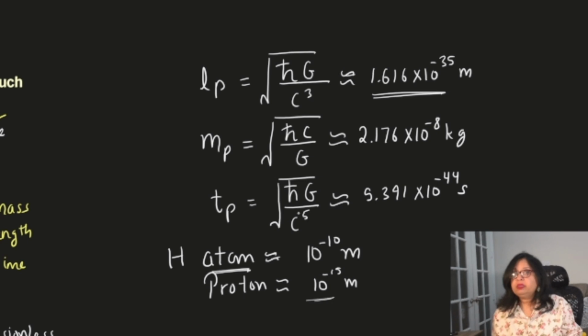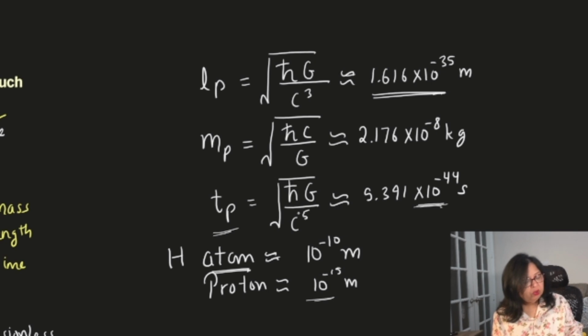So Planck's length is actually an incomprehensibly small length. We have not been able to reach this length in any experiments thus far. Likewise, Planck's time is a very, very small time. Again, not attainable yet in any labs.